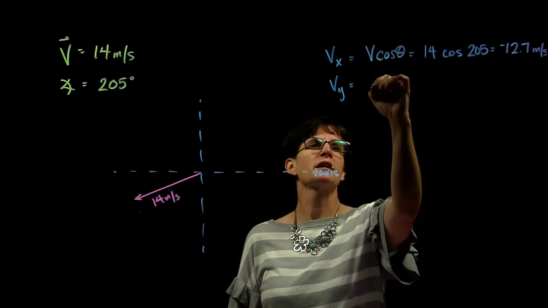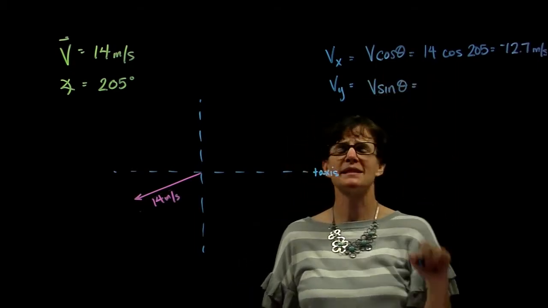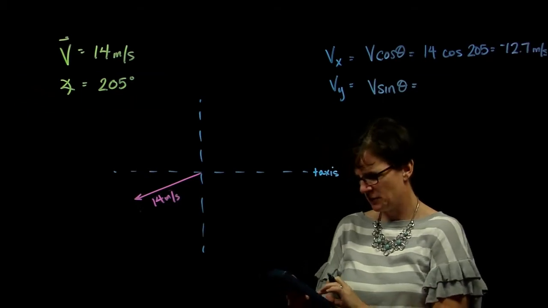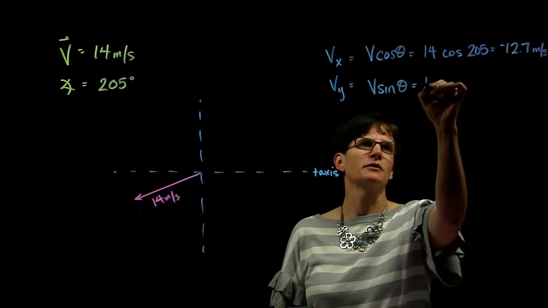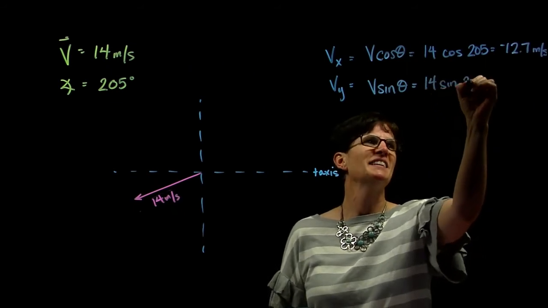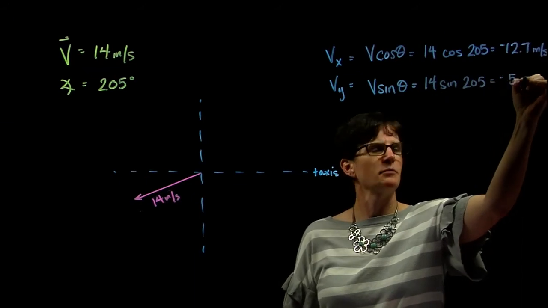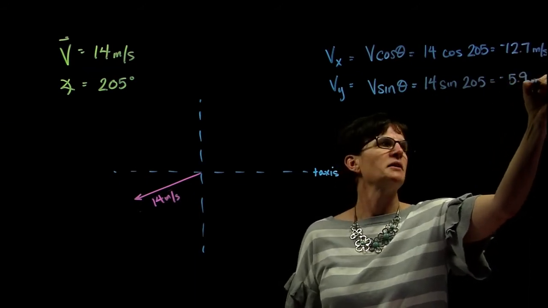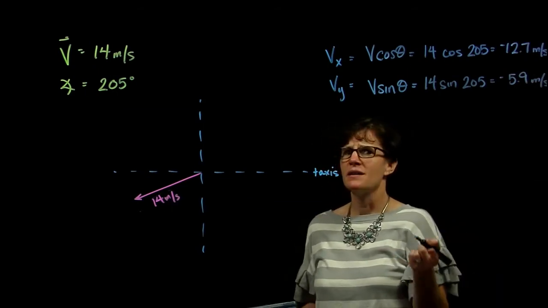For the vertical direction, it's the velocity vector magnitude times the sine of the angle. So we have 14 times the sine of 205, and we get negative 5.9 meters per second. All right, so is that reasonable?